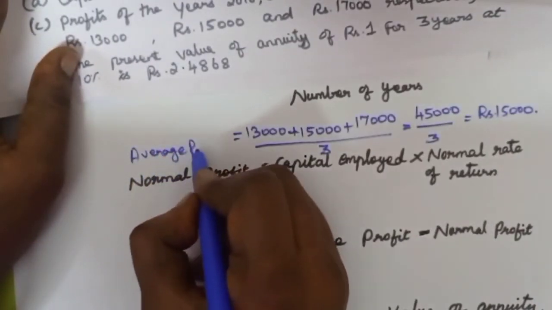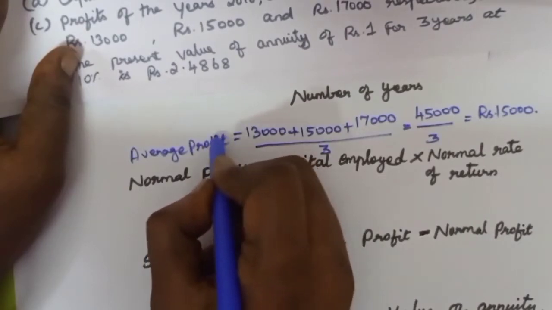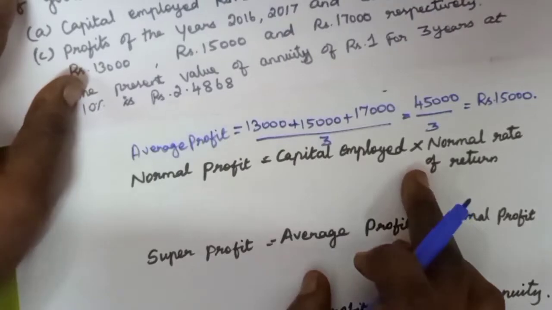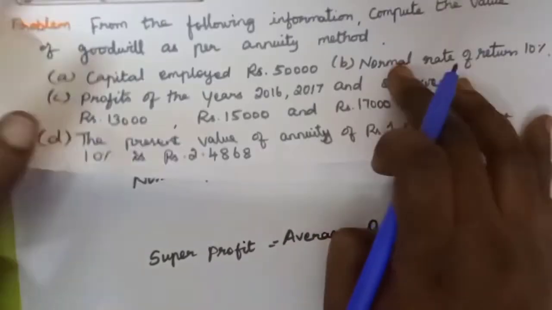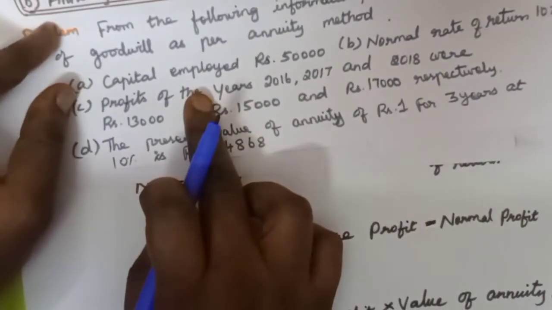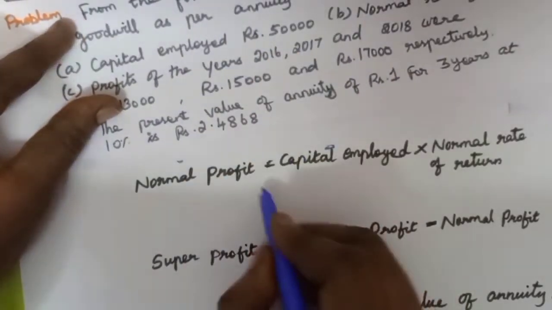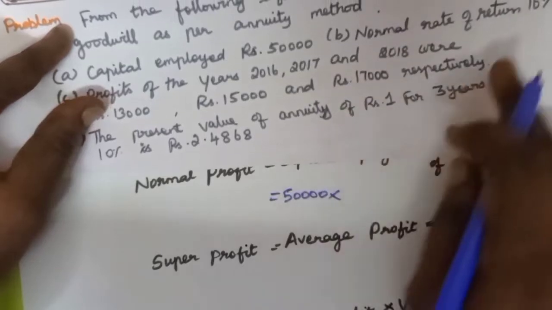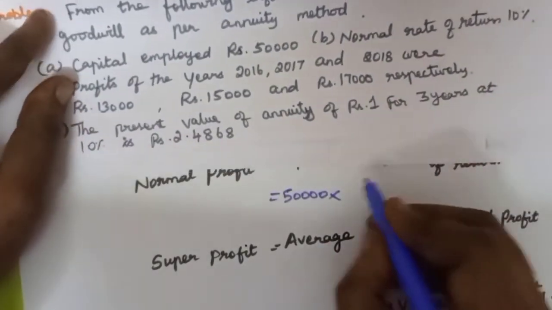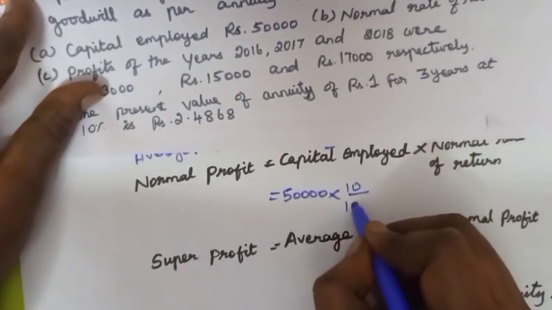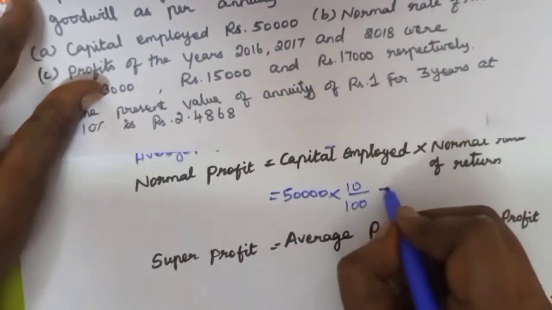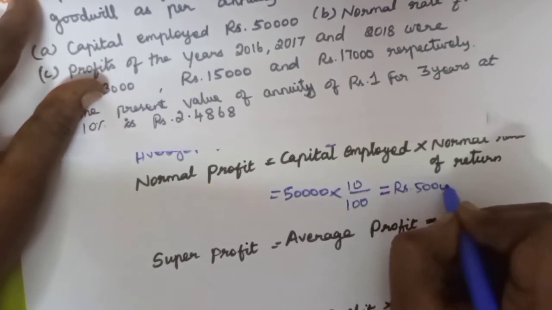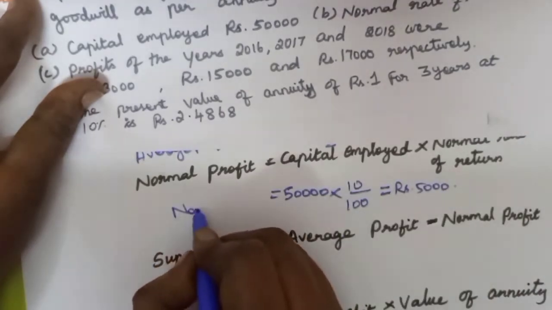Next, we have to determine normal profit. Normal profit is equal to capital employed into normal rate of return. Capital employed given in the problem is 50,000. Normal rate of return is 10%. 50,000 into 10%, we will get rupees 5,000. 5,000 is normal profit.